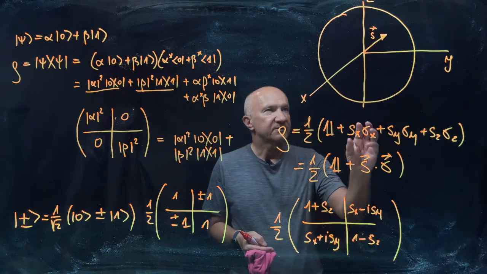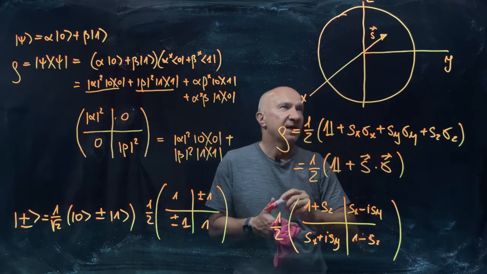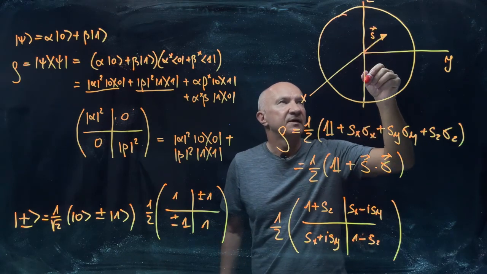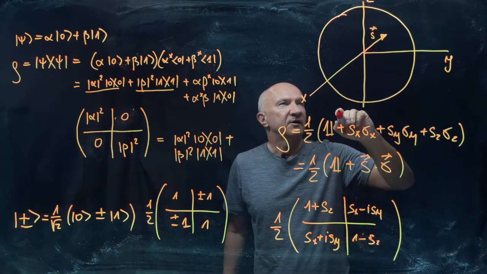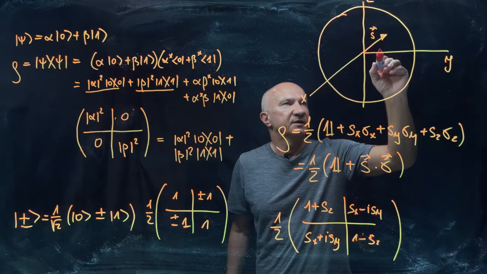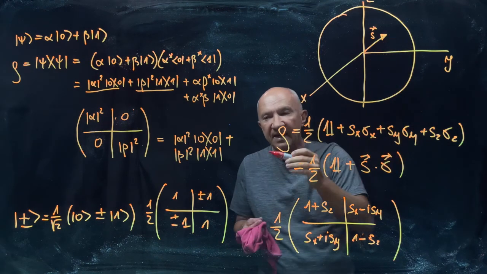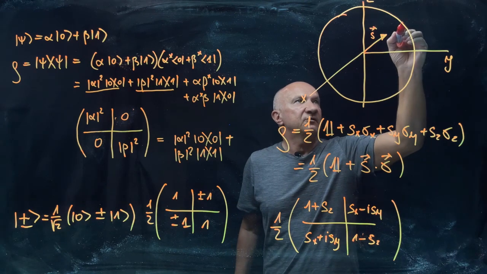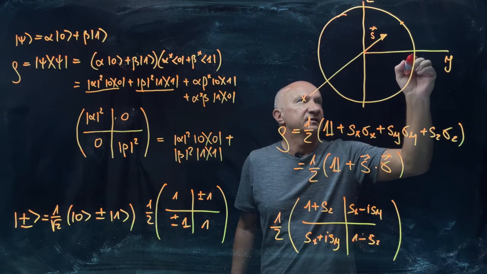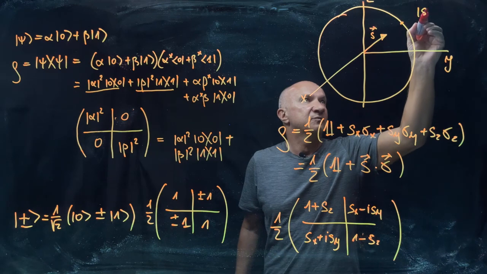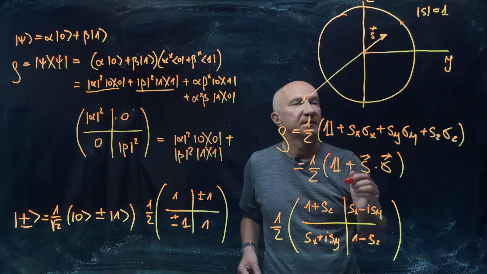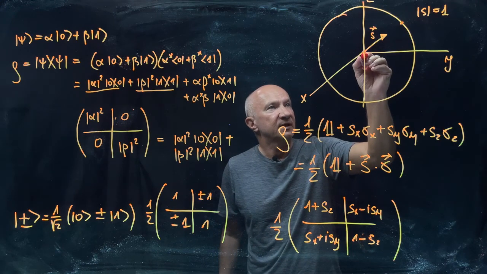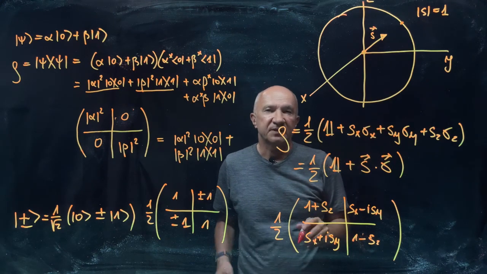Now the Bloch vector can be anything, any point inside the Bloch sphere, including the points on the surface of the sphere. All the points on the surface will have the length of the Bloch vector equal to 1. But you can also look at the point which is right in the middle.